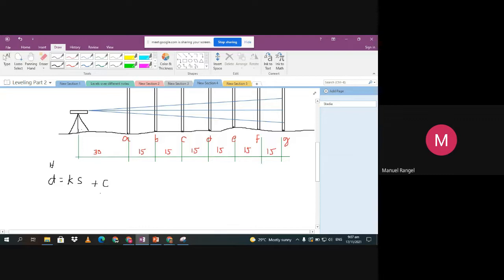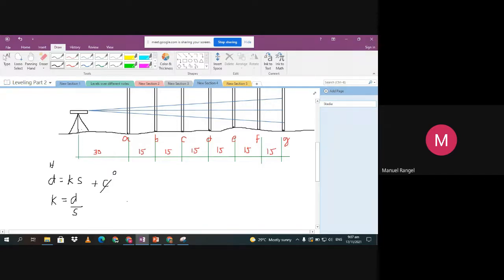The stadia constant is 0, so H is equal to Ks only. Then what is required is the value of K. So we will just transpose the formula: K is equal to D, or the horizontal distance, divided by S.